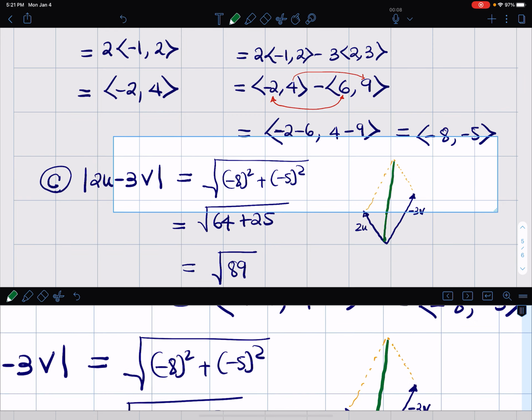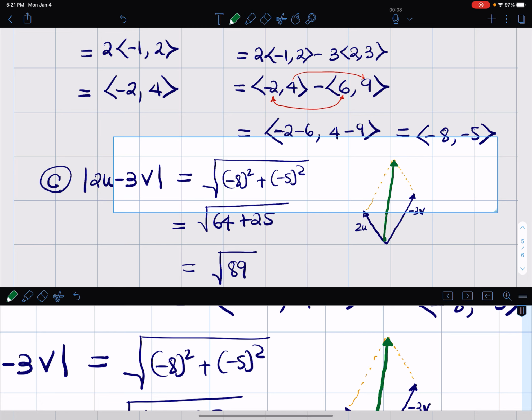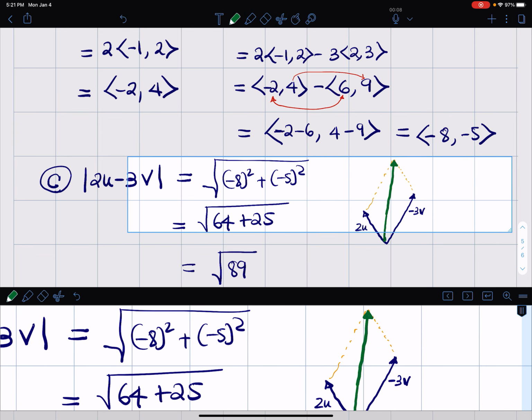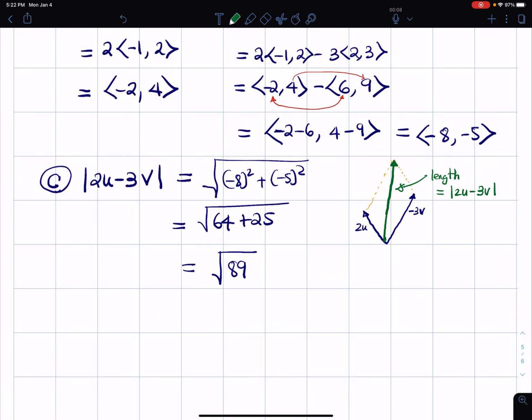So the length of this vector is equal to the magnitude of 2u minus 3v. All right, good. Now, what else can we do?